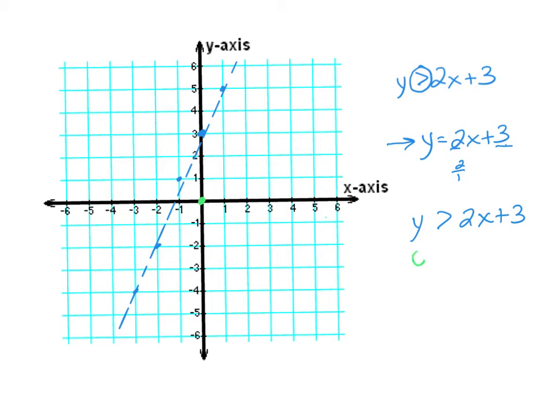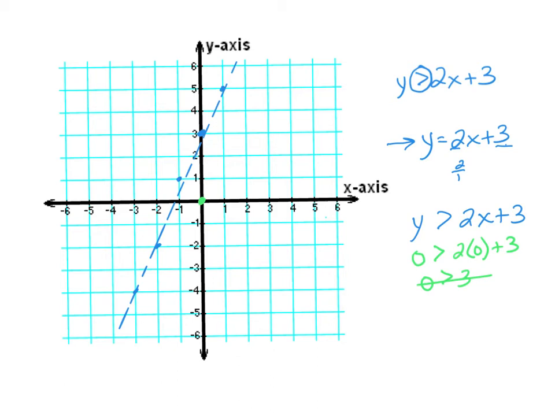So if y is equal to 0, is 0 greater than 2 times 0 plus 3? Well, 2 times 0 is 0 plus 3, so is 0 greater than 3? No, it's not. So that means all the points to the right of the boundary line don't work for this particular inequality.